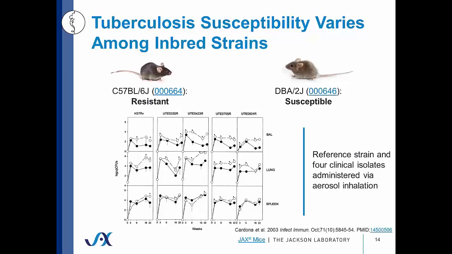We can see that DBA/2J mice, as indicated by the white circles, had much higher bacterial levels in each of the tissues examined, for each tuberculosis infection, whether it be the reference strain or one of the 4 clinical isolates. All of this together indicates that Black 6J mice are better able to control replication of tuberculosis infection in all of the tissues examined.